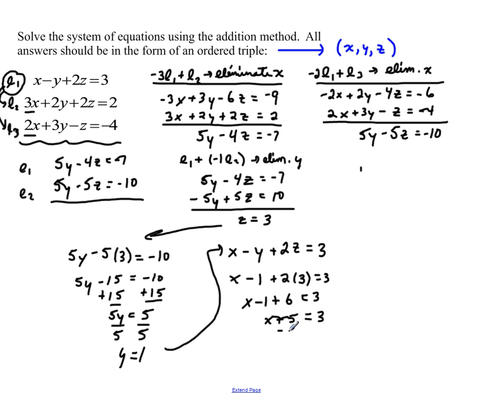Subtract 5 from both sides. We find that x equals -2 is our solution there. So our ordered triple solution is going to be -2 in place of x, 1 in place of y, and 3 in place of z. Now the nice thing is, just like we've done before, you can check this solution. In any case, good luck with your homework, and I'll see you in class.